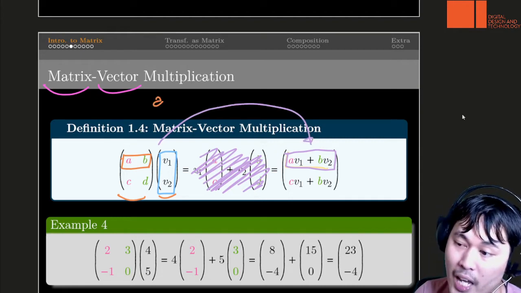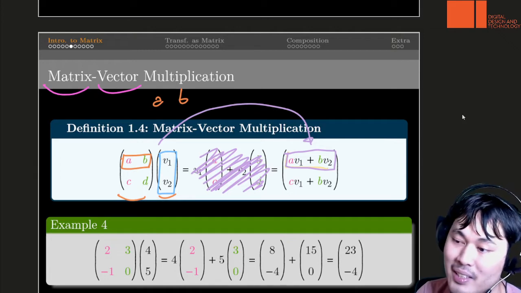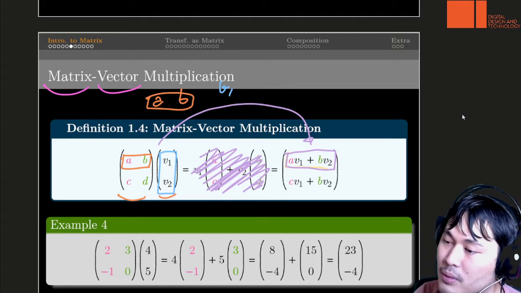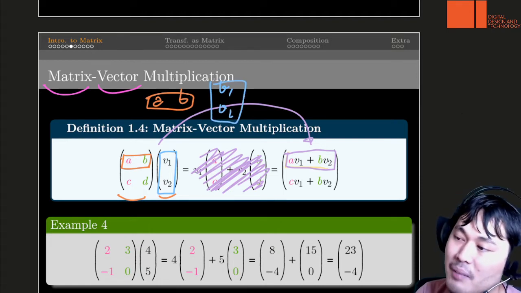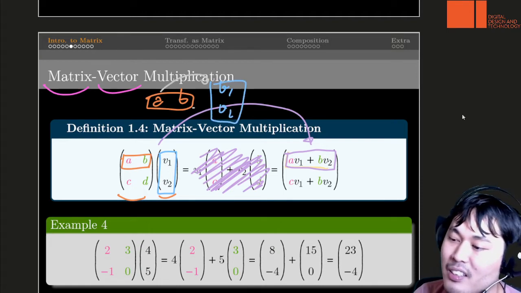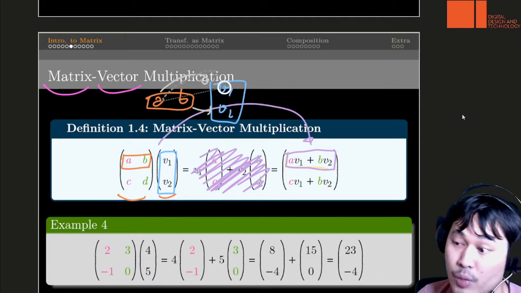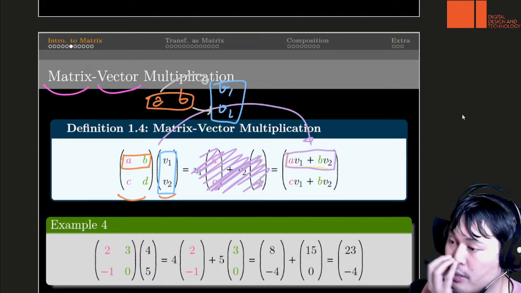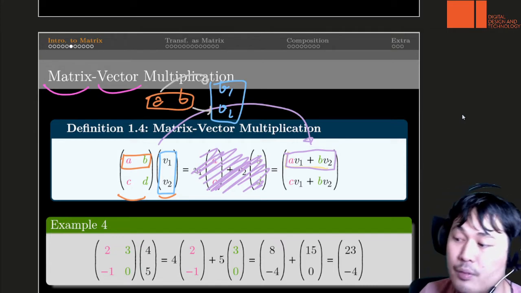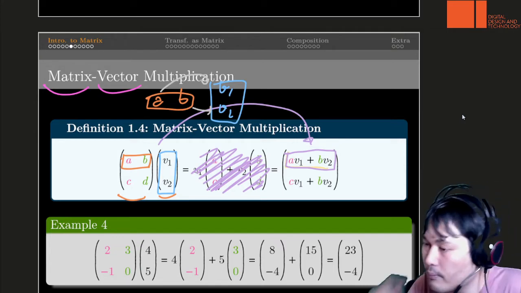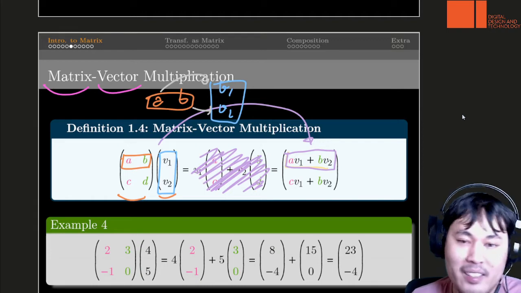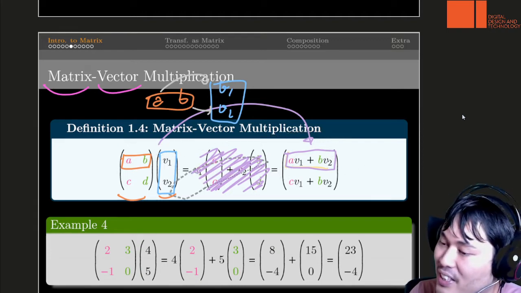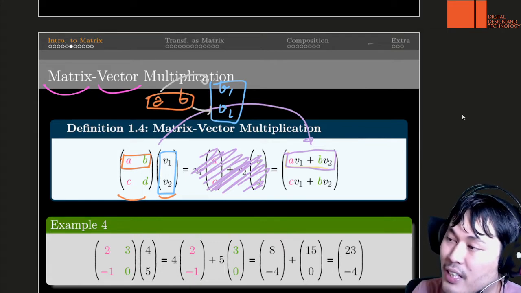So not only do you have to rotate stuff a little bit, you also have to remember that we multiply them pointwise. So you multiply A to just V1, you multiply B to just V2, and the result is A times V1 plus B times V2. Which is kind of weird at this point. But please bear with me for a moment and we will see another way to visualize that.